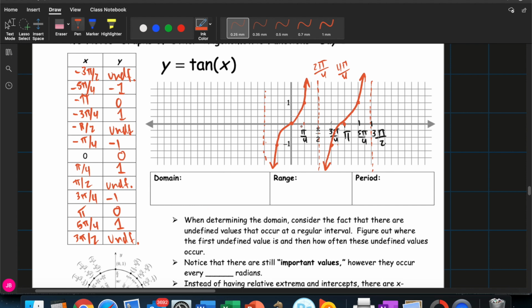One peak and one valley for sine and cosine. But for tangent, we don't really have peaks and valleys. I mean, this is just kind of like an infinite peak and an infinite valley. So how much does my pattern take to start over? Every 4 what?